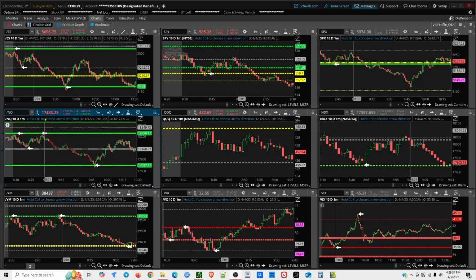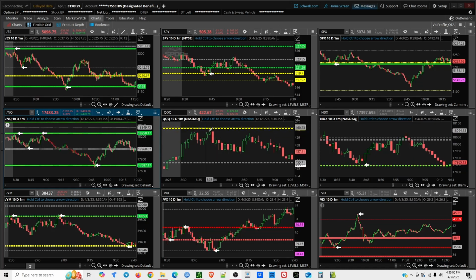Now on this next trade, which I did not take short, right here, you don't see any lines, you don't see any pivot points, anything. But what you do see on SPY is a midpoint. You do see on SPX a midpoint. You do see a weekly and a daily line on NDX.